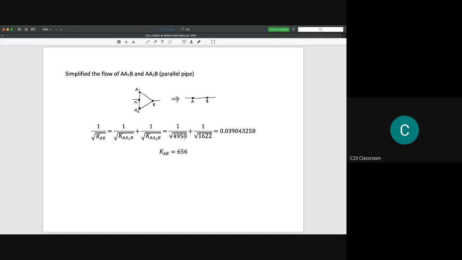We substitute the value of K for each junction, and then we get these numbers. Please bear in mind that these numbers are actually the value of 1 over square root KAB, so you need to calculate the value of KAB. It is almost equal to 656.